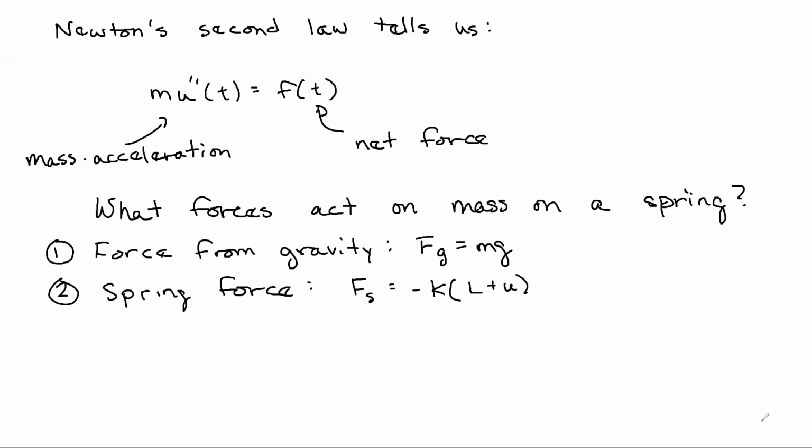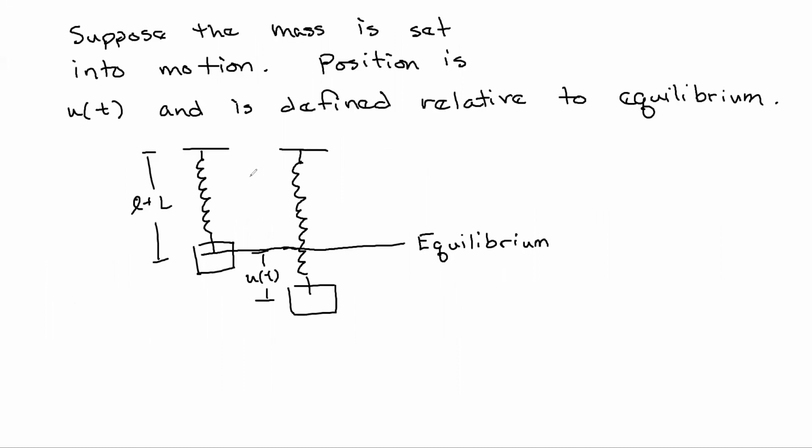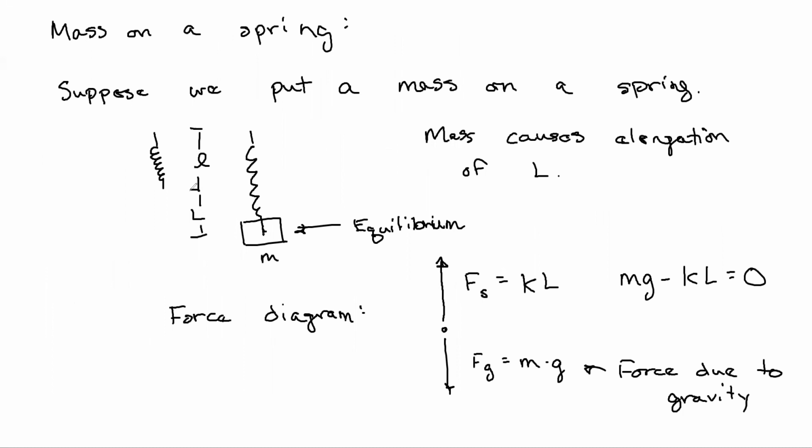Well, that's because there is additional elongation, right? So here's your base spring, and you pull it down L, and the spring pulls back against being pulled down L. And so L is just the elongation here at equilibrium.